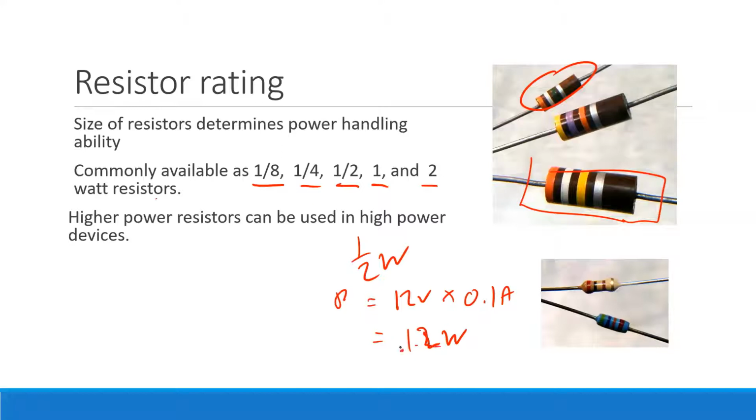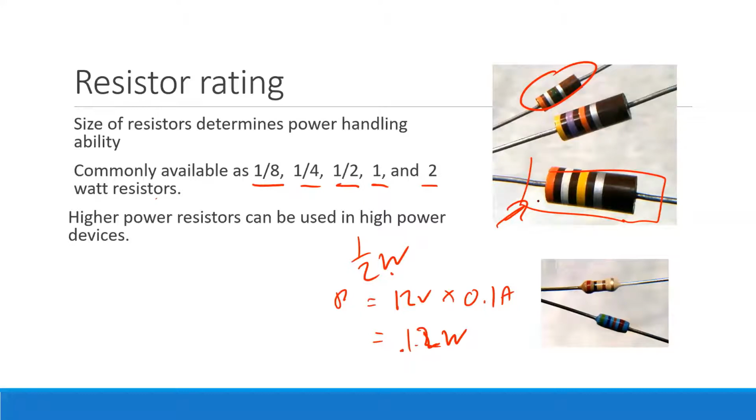You're trying to put 1.2 watts through a 1/2 watt resistor, you're going to kill that poor resistor. You need to get a bigger resistor in order to make this work. Otherwise, it'll be destroyed. So high power resistors can be used in high power devices.